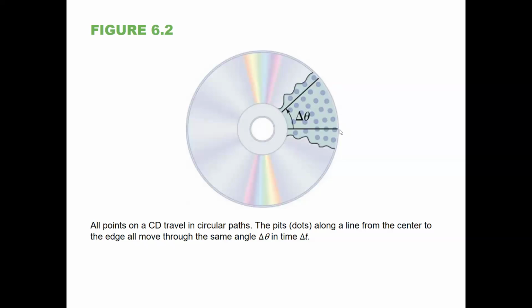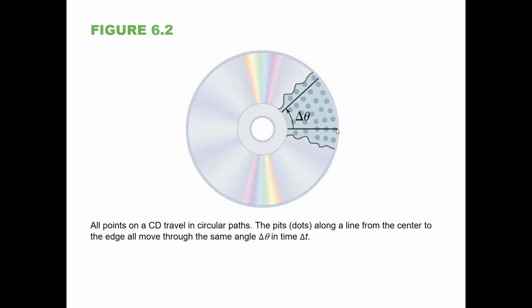This arc length represents how far this point got in a particular amount of time. Let's say in 5 seconds the disk starts spinning from here, then stops. So the time, delta t, would be 5 seconds, and my arc length would be known as delta s.